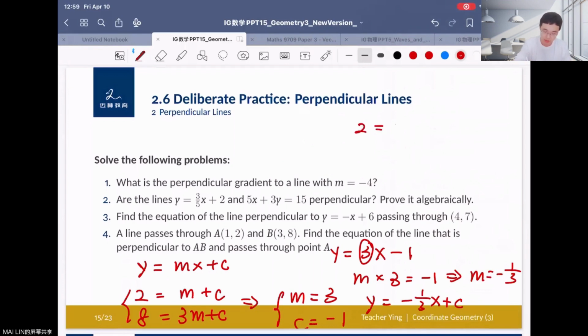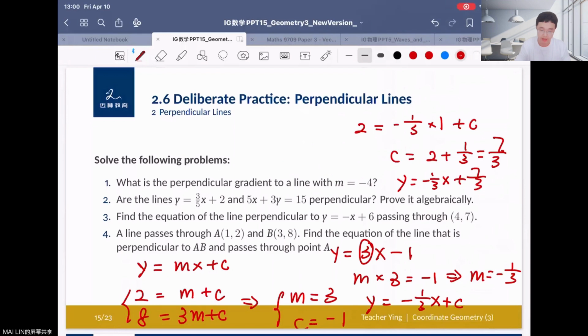It becomes 2 equals negative 1 over 3 times 1 plus c. So finally, c equals 2 plus 1 over 3 equals 7 over 3, okay? So finally, the gradient is negative 1 over 3, and the intercept is 7 over 3, okay? So that is the equation of the perpendicular line which passes through point A, okay?